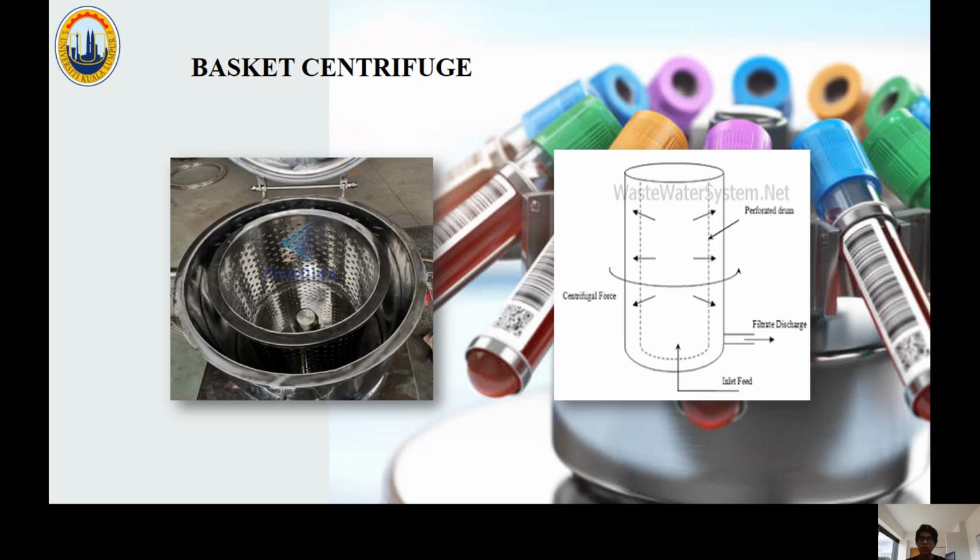We can see the dashed line represents the holes in the wall of the inside basket, and the arrow shows the path of the liquid, which will pass through the inside wall, and only the solid will be collected on the inside wall of the basket centrifuge.